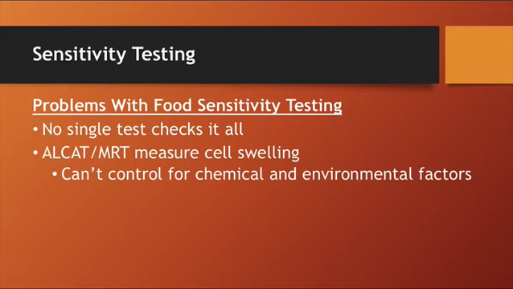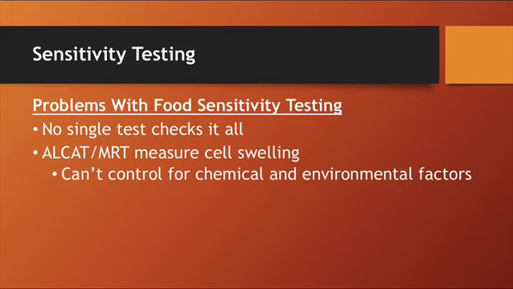Or you may have impurities and chemicals or other environmental factors to which your immune system is reacting, and it's actually not the food at all. So ALCAT and MRT, even though they're promoted by many doctors as being a workaround for all these other problems, in reality, when you look at the technology and compare it to how the immune system works, really isn't that much of an advancement. In fact, in some cases, we find that these tests are completely inaccurate.